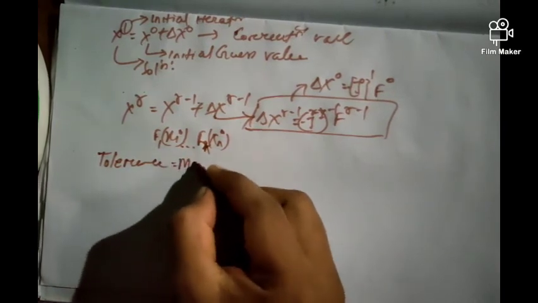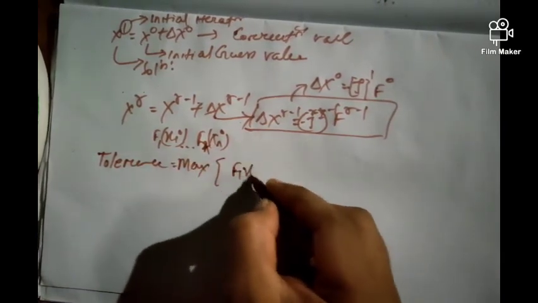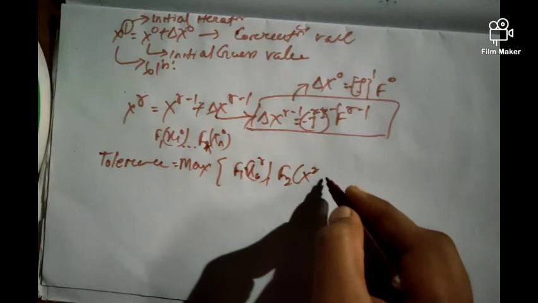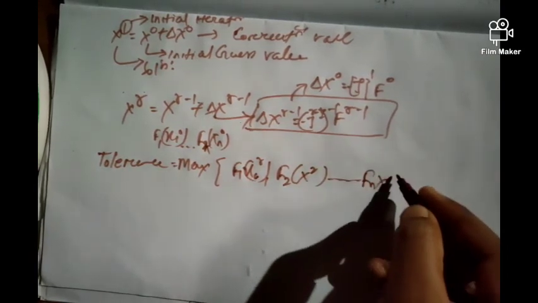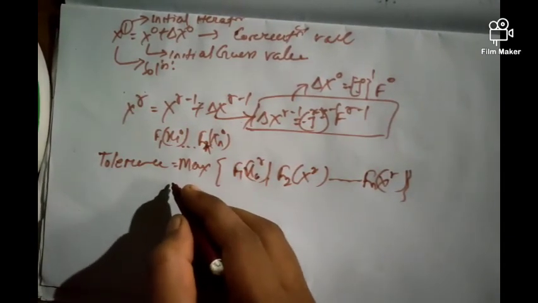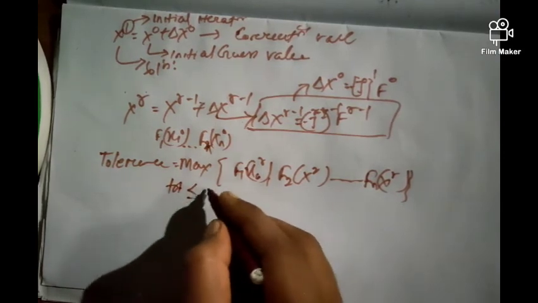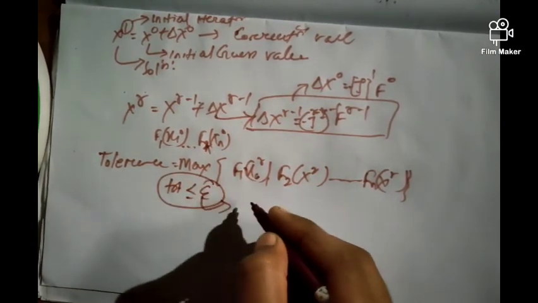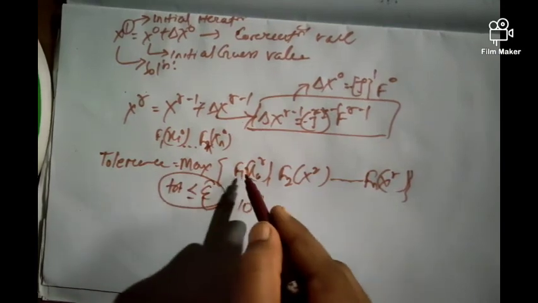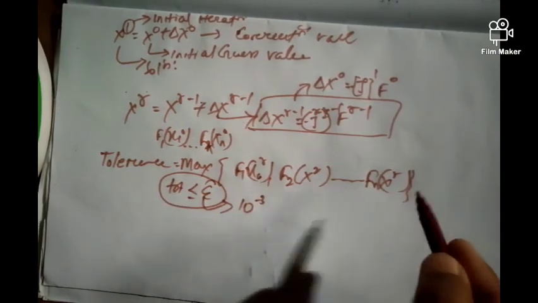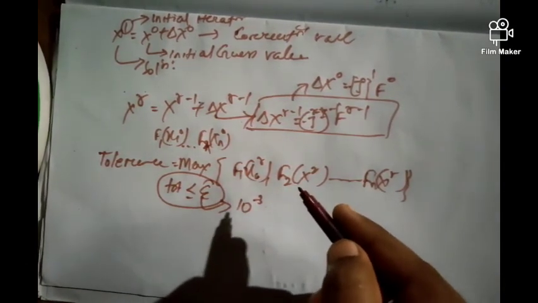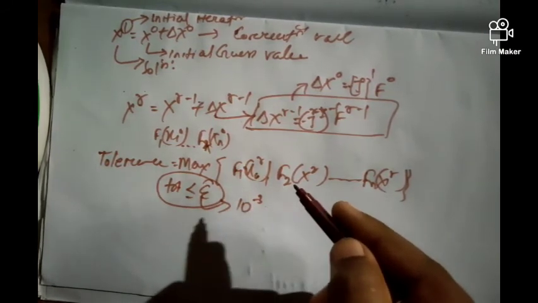The tolerance is the maximum of f1(x^r), f2(x^r), up to fn(x^r) at the rth iteration. If the tolerance value is less than epsilon, where epsilon is 10 to the power minus 3, then we will stop our calculation.